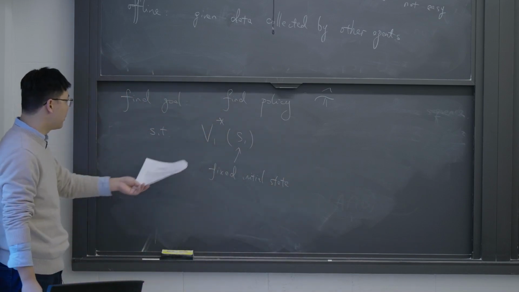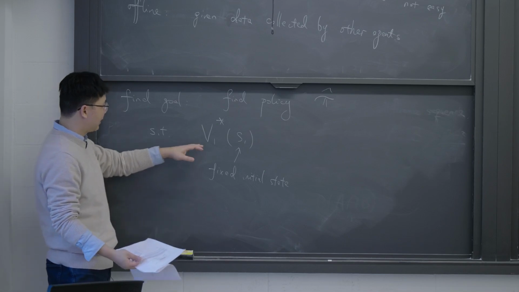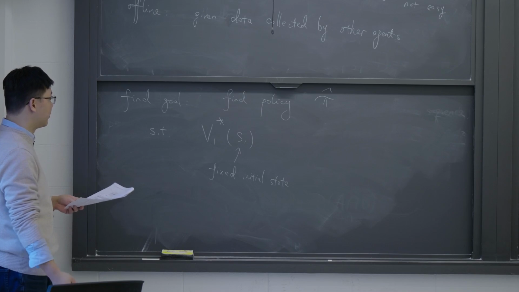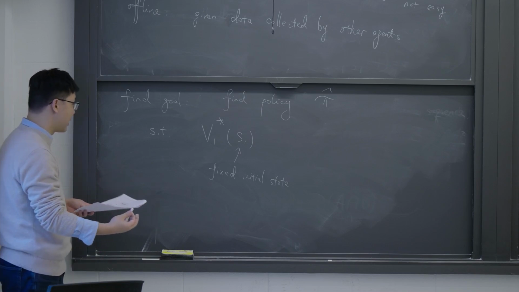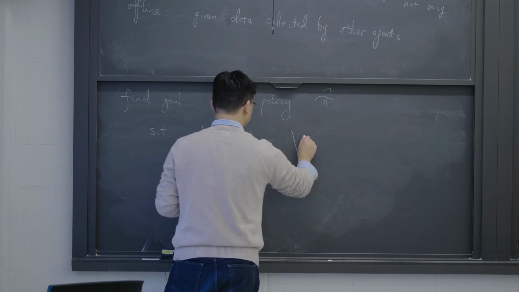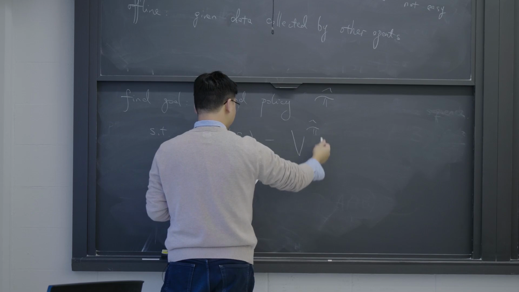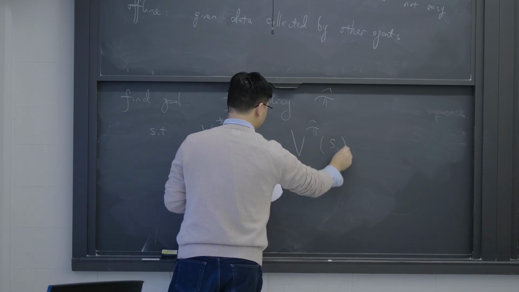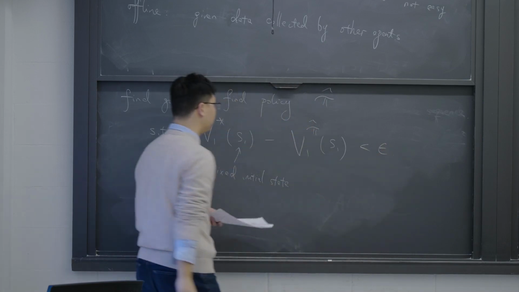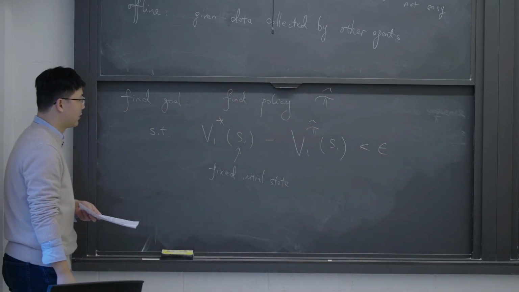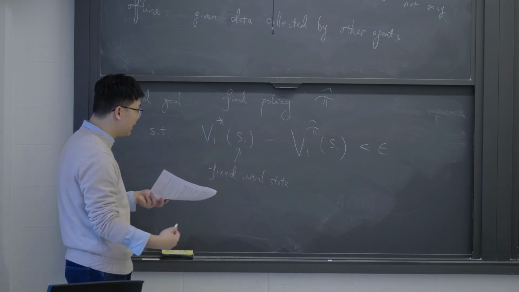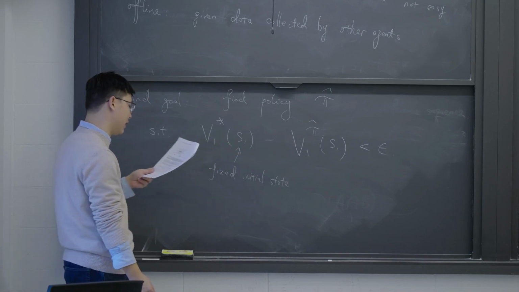This is the optimal value we can achieve, the value achieved by the optimal policy. So we measure the value in comparison to the optimal value: we say this, subtracting the value of the policy found by the algorithm, is upper bounded by epsilon. In this case, we guarantee our value is at least the optimal value minus epsilon.